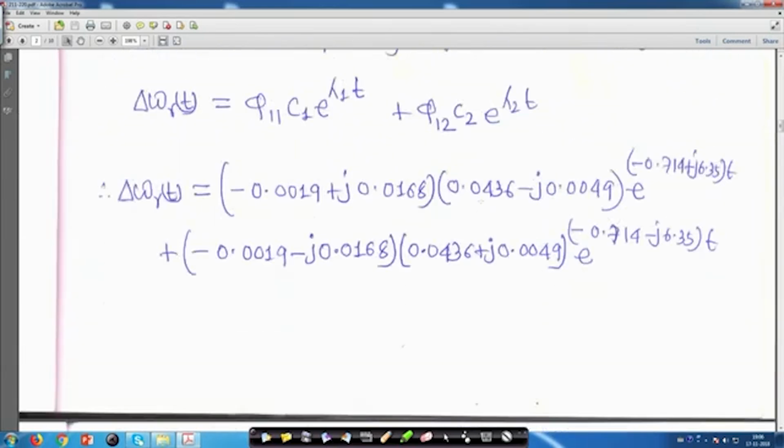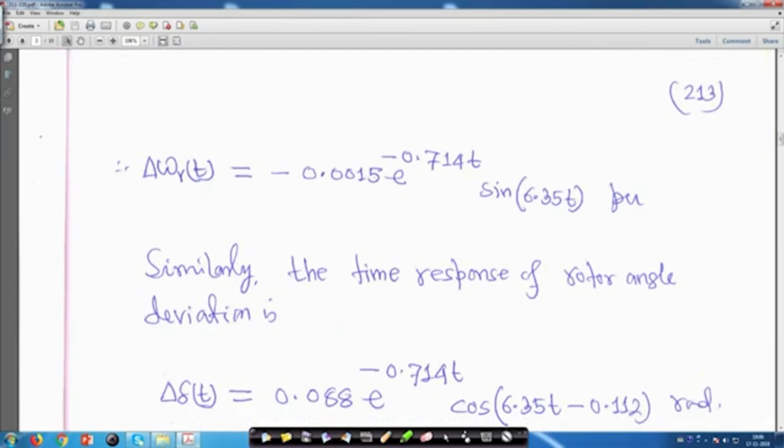If you simplify all these things, you will find there is no complex number involved, and the answer I am giving is correct. All the derivation cannot be put here, as it will consume a lot of time, but this is the form for delta omega t: minus 0.0015 e to the power minus 0.714 t into sin 6.35 t. As a check, at t is equal to 0, this sin term will become 0, therefore delta omega at t is equal to 0 will become 0.